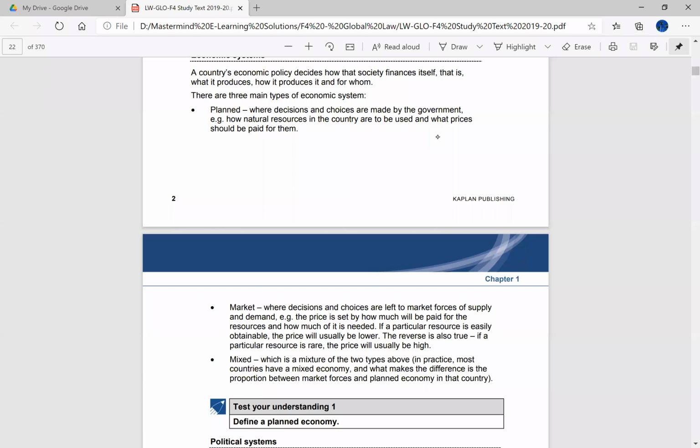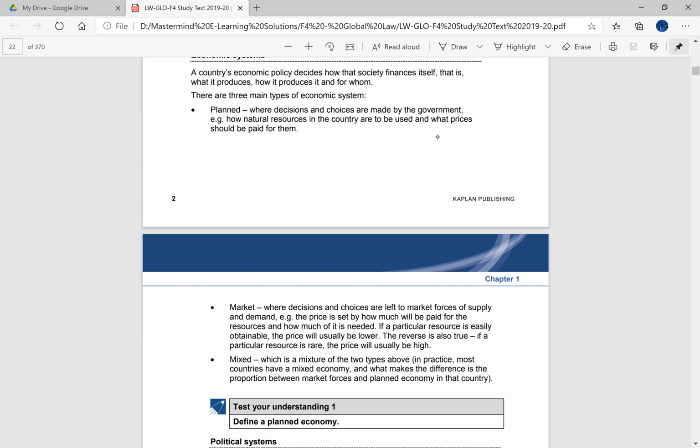A mixed economy is the mixture of the two, both planned and market. They are the two extreme ends, and mixed involves government involvement as well as private individuals' involvement. How much involvement is allowed by the government and how much by private individuals depends on the economy itself.